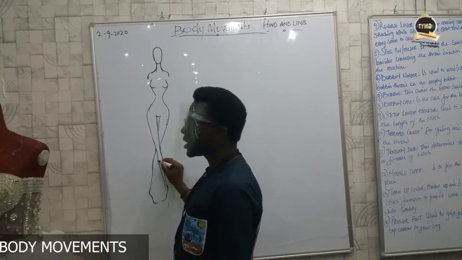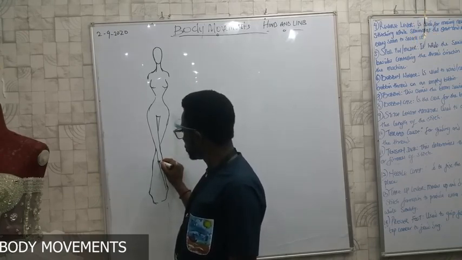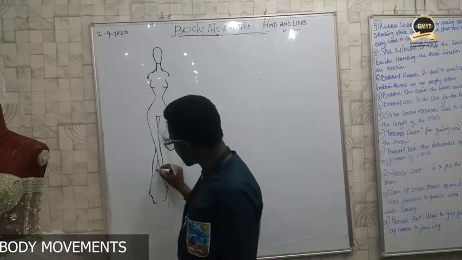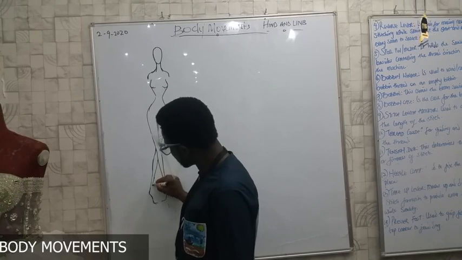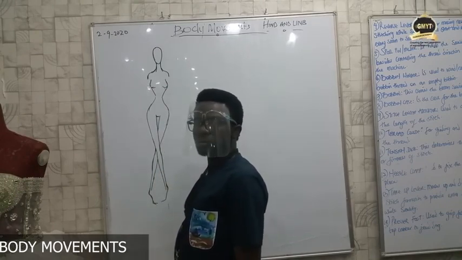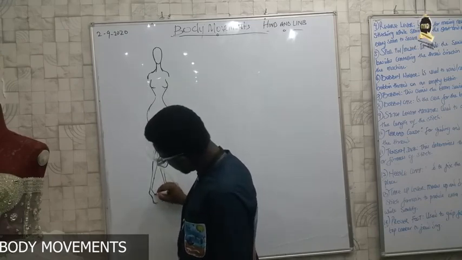Now I'll pick this other leg directly from this part below the calves here and bring my hands to the ankle. After doing that, I'll do this.